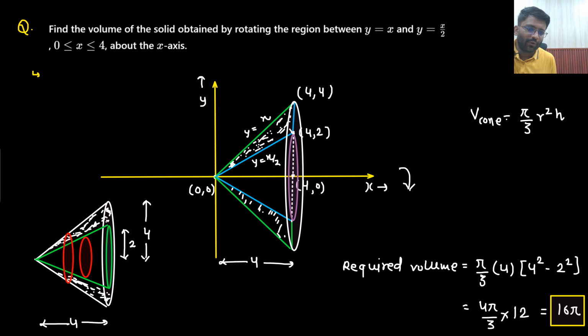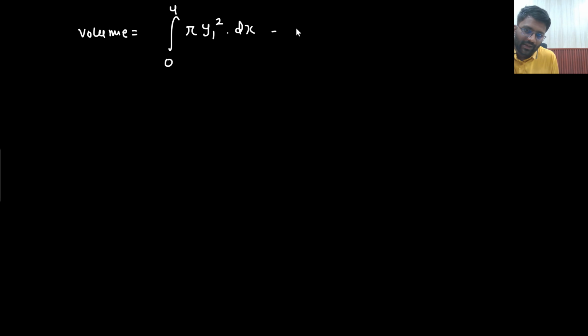So what will be the required volume? The required volume is pi y1 square dx with x going from 0 to 4, minus the integral with x going from 0 to 4 of pi y2 square dx.